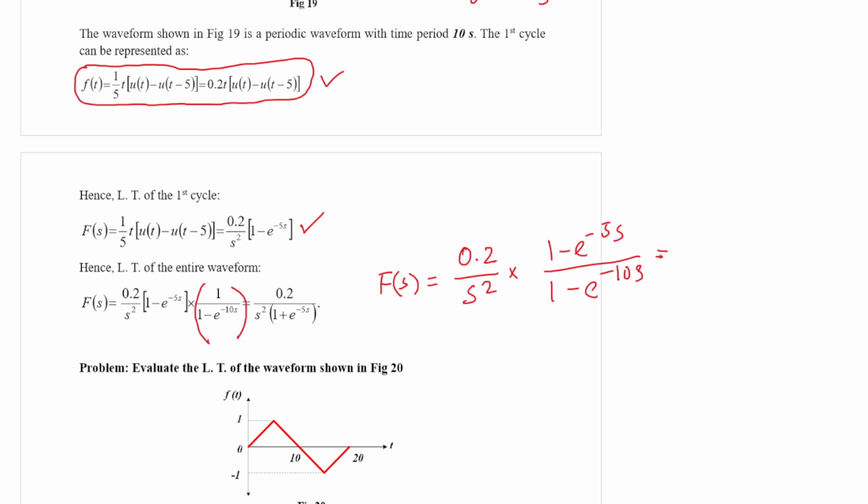This expression can be written as 0.2 by s squared, 1 minus e to the power minus 5s divided by 1 minus e to the power minus 5s times 1 plus e to the power minus 5s.